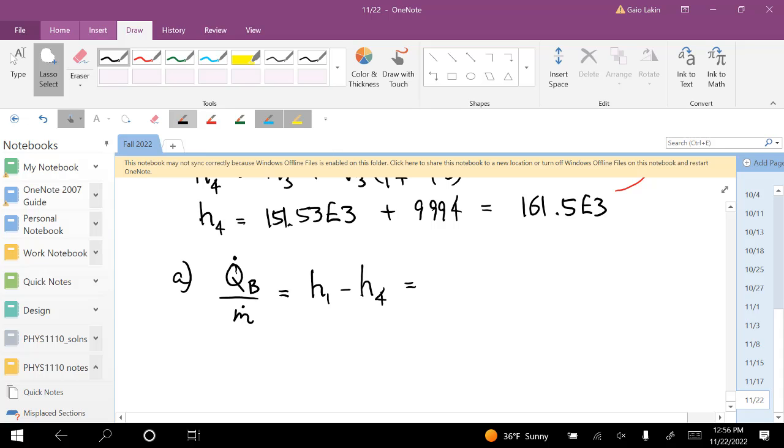And we have those values, so once we have those, just plug this stuff in, and you get 2563.2 times 10 to the third joules per kilogram.